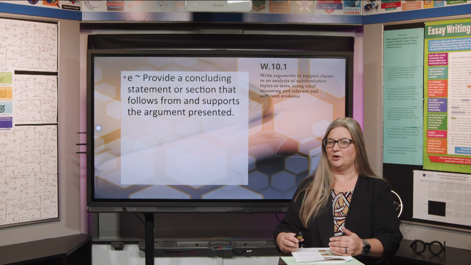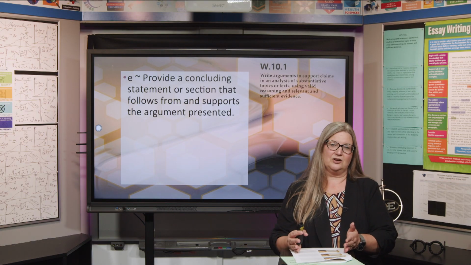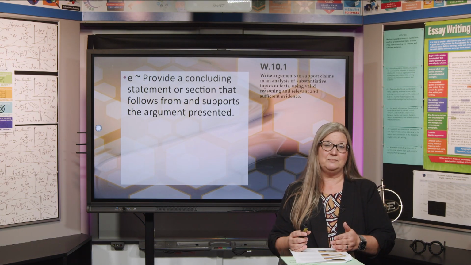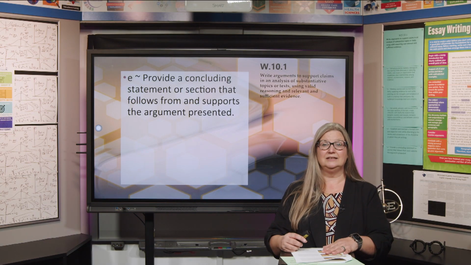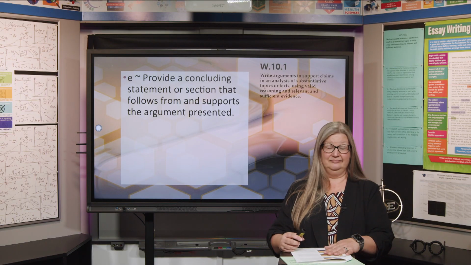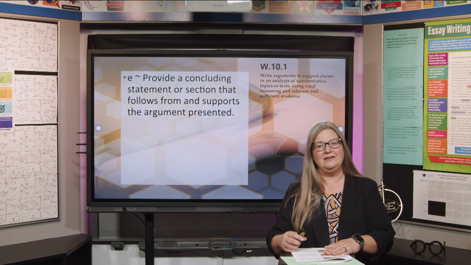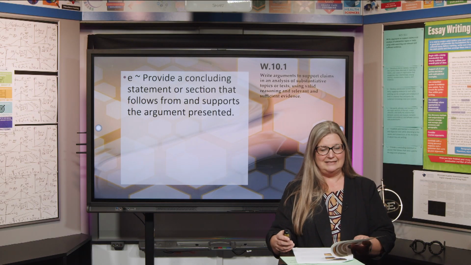Will you leave your reader wanting to do more research on their own? Will you have convinced the reader that your side is the correct side to be on? Or will you leave your reader going, so what? If your reader gets to the end and goes, so what? Then you really have not written an effective argument essay.